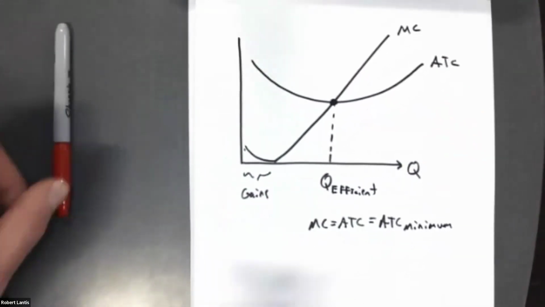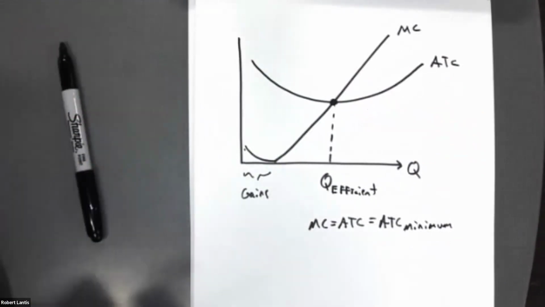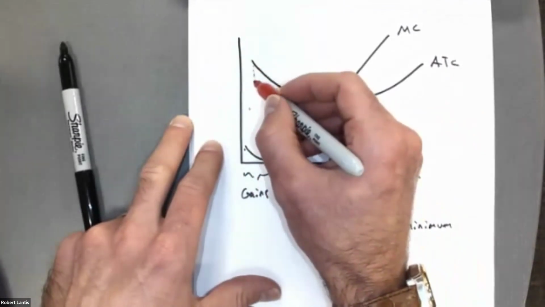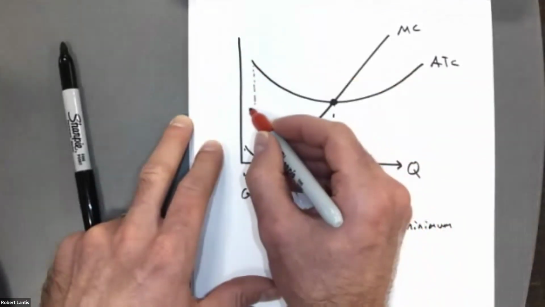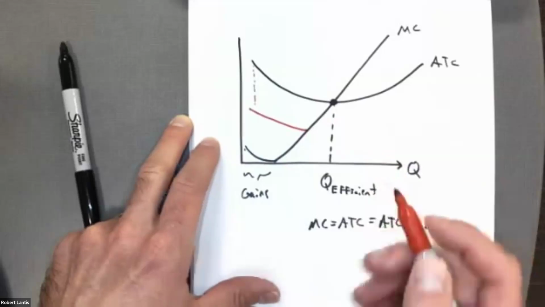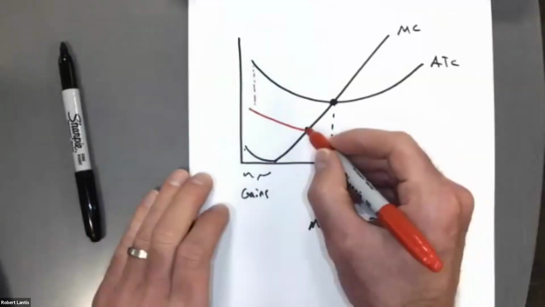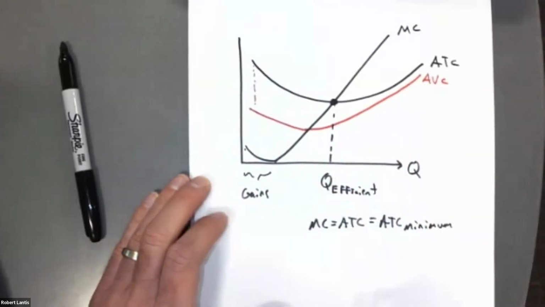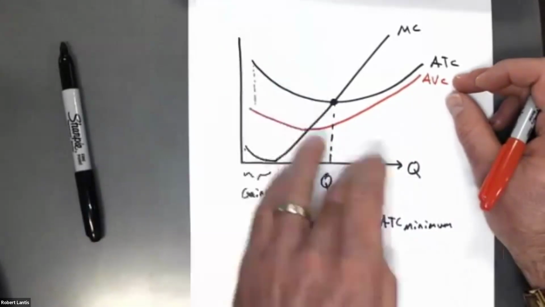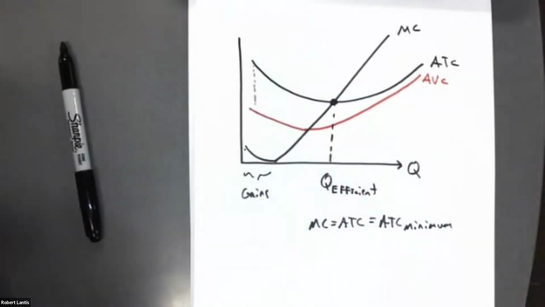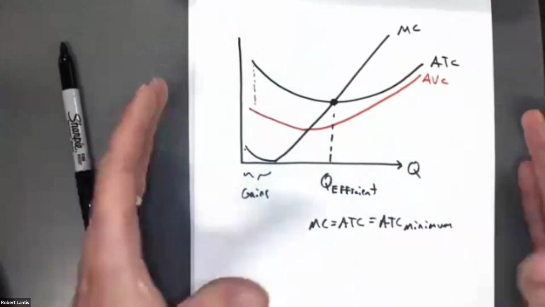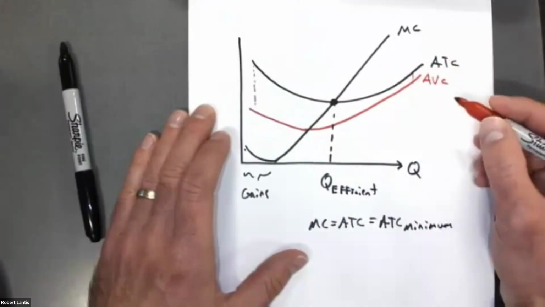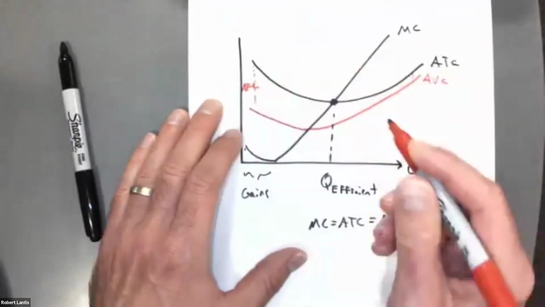Now, if I have average variable costs, what has to be true is if I am in the short run, I've got some fixed costs, so my average variable costs will be somewhere below the average total cost. The gap in between my average total and average variable cost is my average fixed cost. We generally won't draw the average fixed cost curve on here because it doesn't do a lot for us at this point, and we don't want to muddy up the graph. But that gap in between is our average fixed cost.